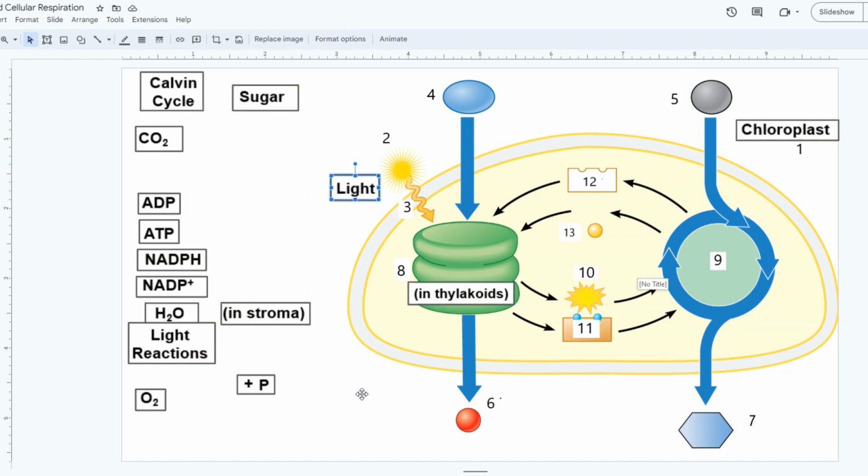What else do you already know about photosynthesis? You know that plants produce oxygen, right? So here are the products. Here are the inputs of photosynthesis. Now, we've already looked at this reaction earlier, right?